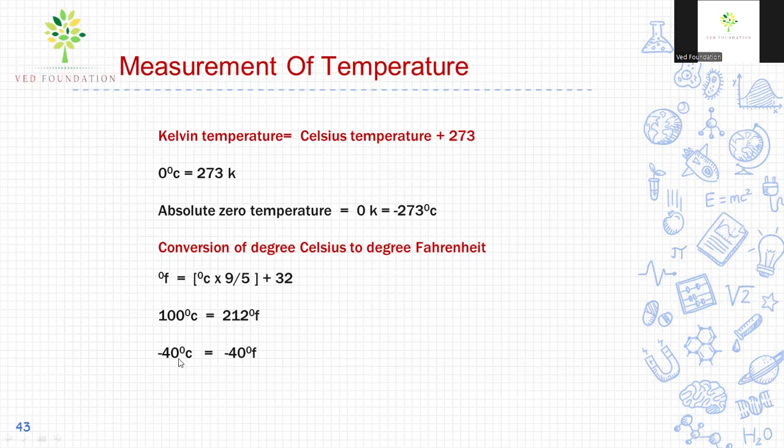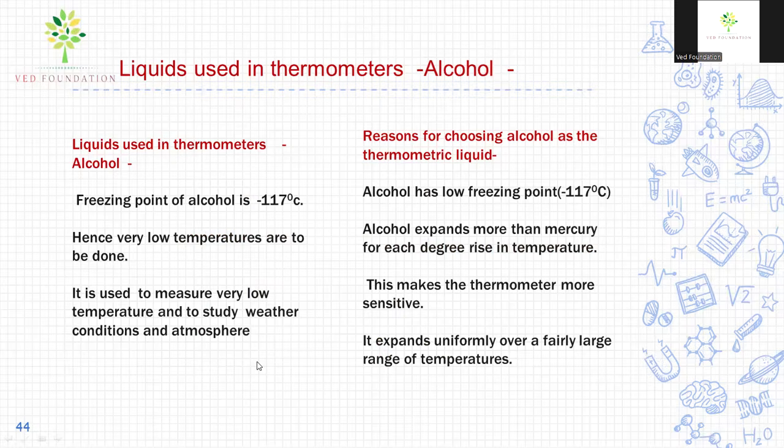But at minus 40, both scales show equal values. Celsius scale and Fahrenheit scale show equal numerical value at minus 40. Means minus 40 degree Celsius is equal to minus 40 degree Fahrenheit.